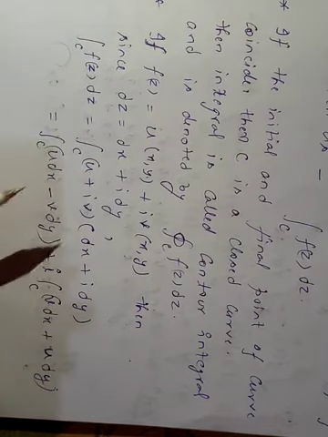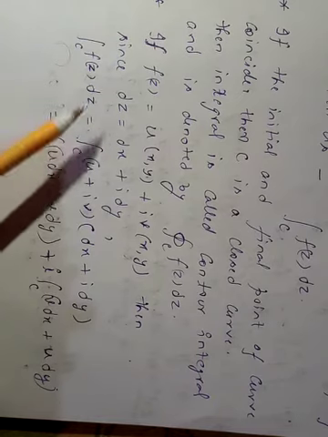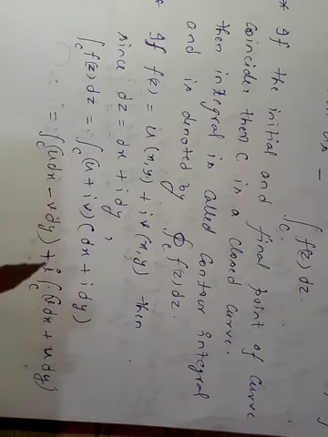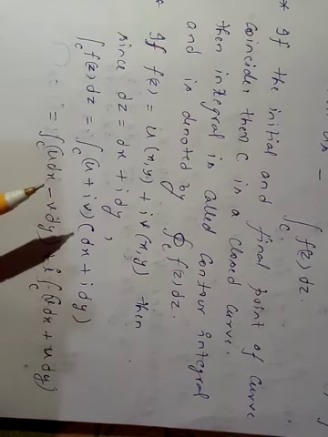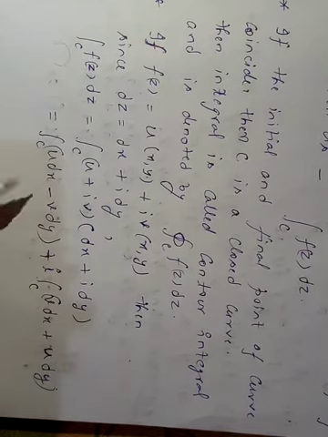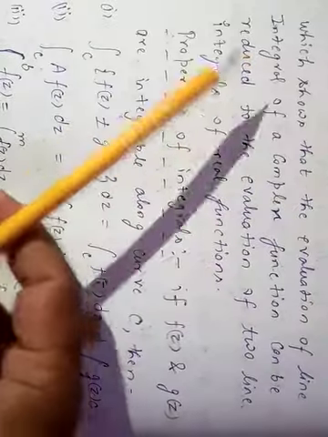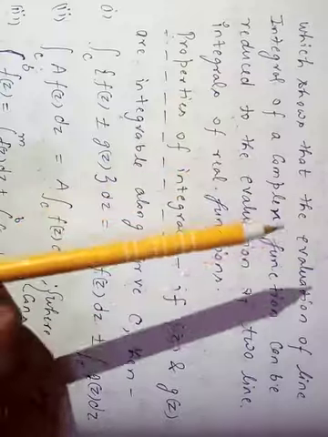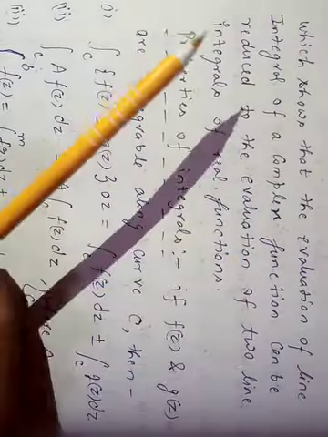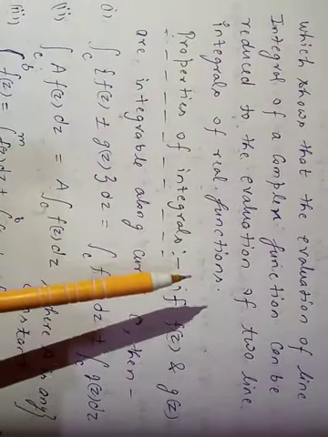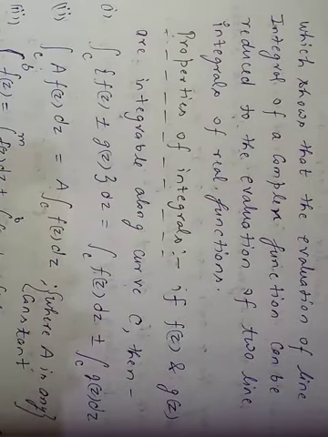So the integration of this function is equivalent to these two line integrals. The same thing is written here, which shows that the evaluation of the line integral of a complex function can be reduced to the evaluation of two line integrals of real functions. u and v are real functions of real variables x and y.